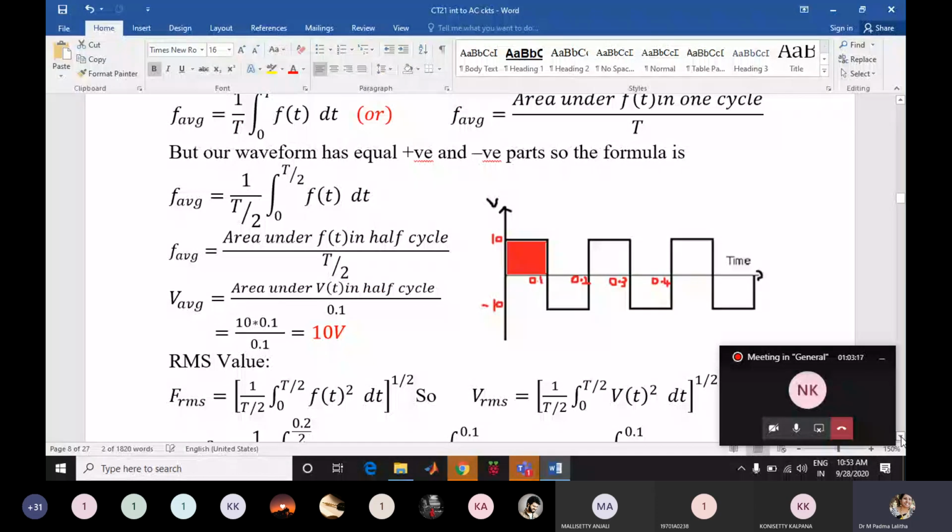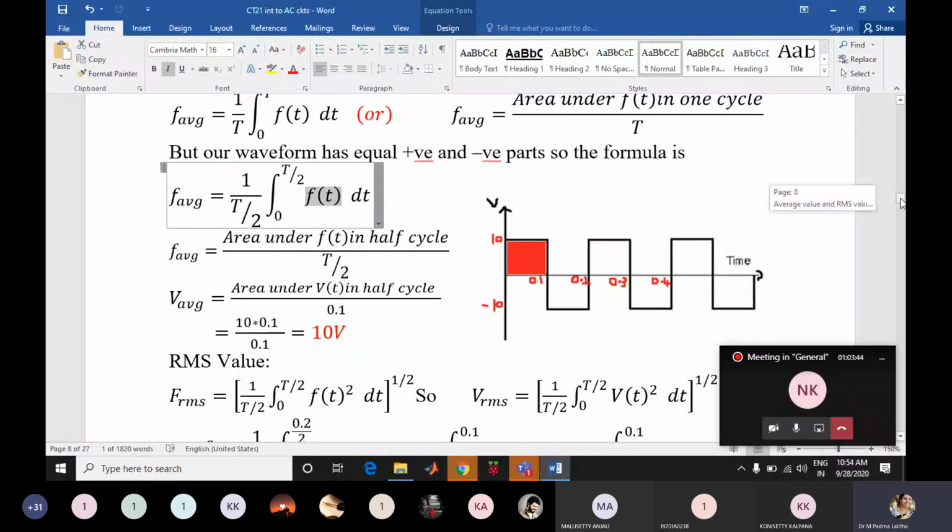So this is the formula we will use. F average is equal to 1 by tau by 2 integral 0 to tau by 2 of f of t dt. If you are weak in integration, you can use this formula, which is very easy.